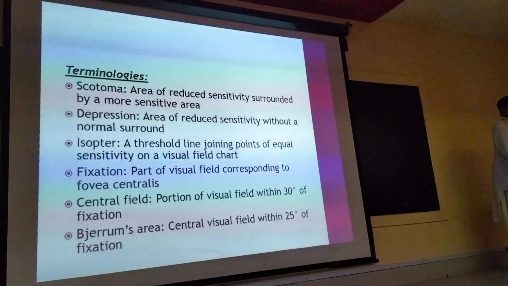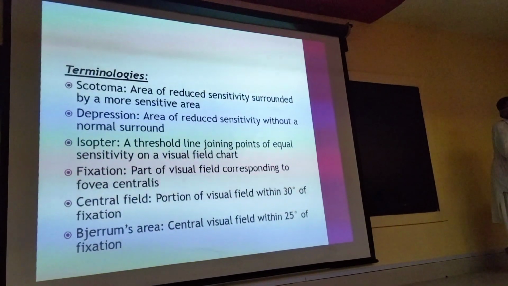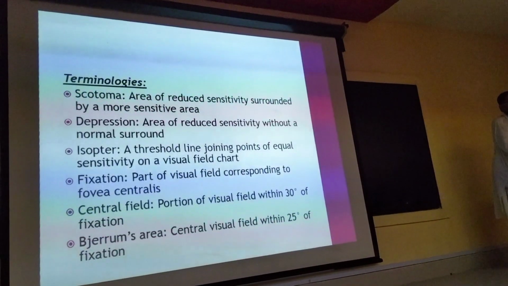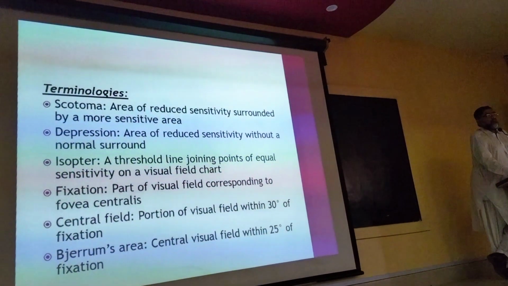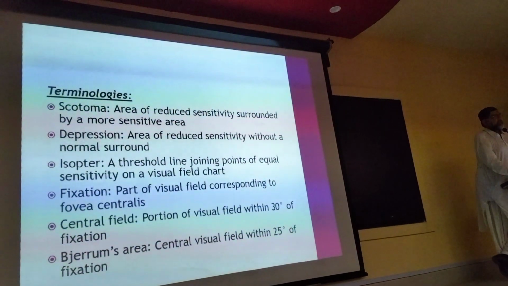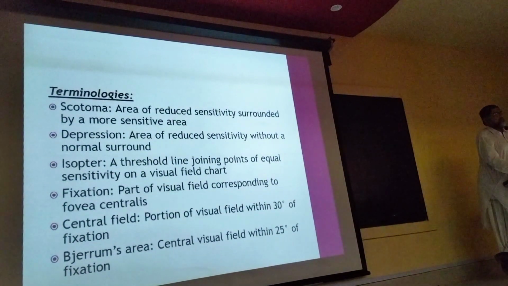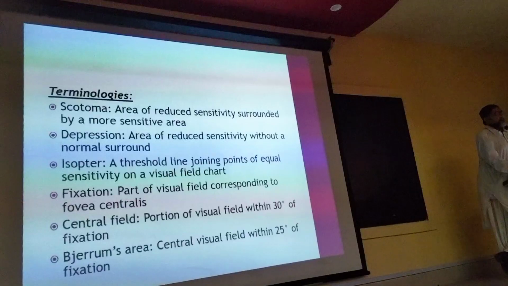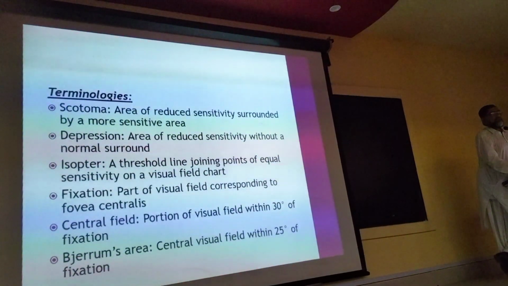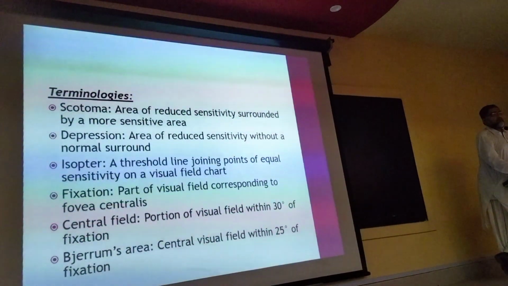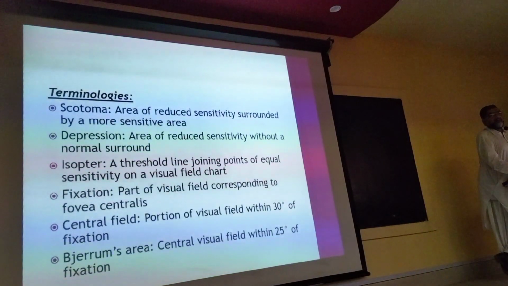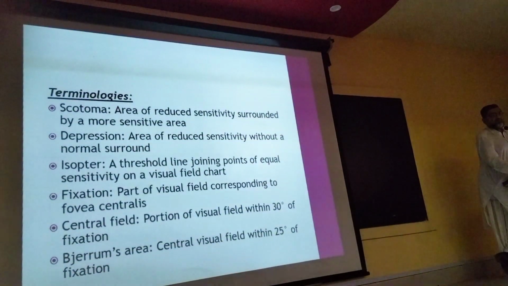So whenever you read a visual field printout, there might be a scotoma over there which is abnormal, and how will you recognize that scotoma? That will be a reduced sensitivity zone which will be surrounded by a high sensitivity zone.